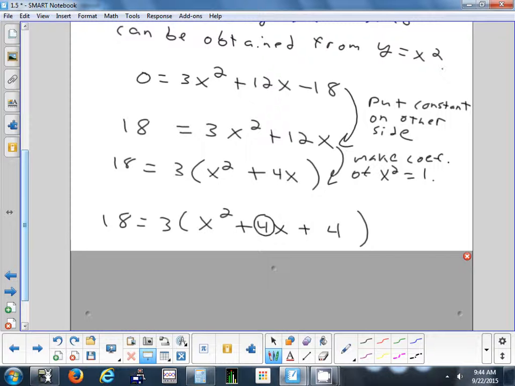Anybody see what I really added? Look at that carefully. If you were to do out that right-hand side, that would not be a plus 4 when you do it out.